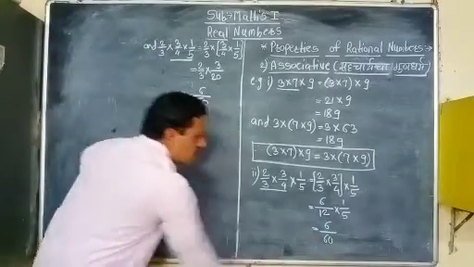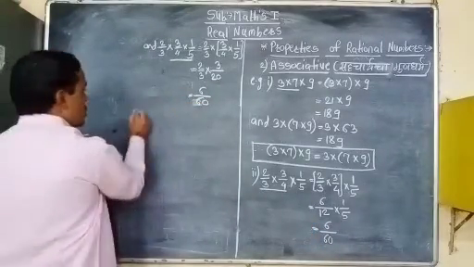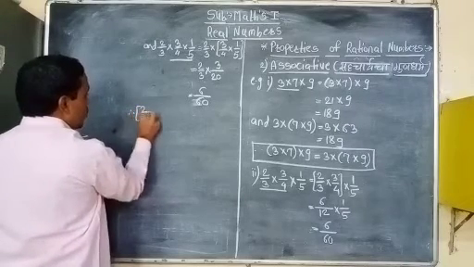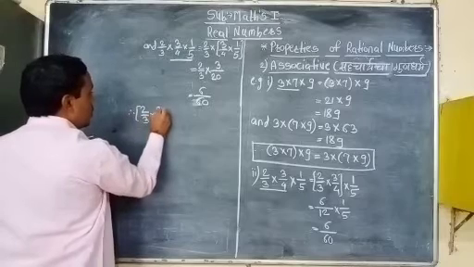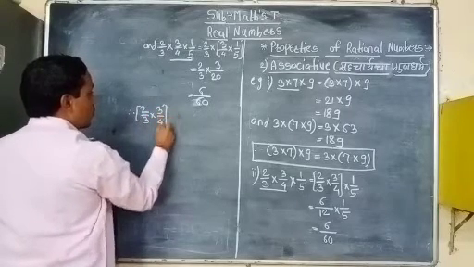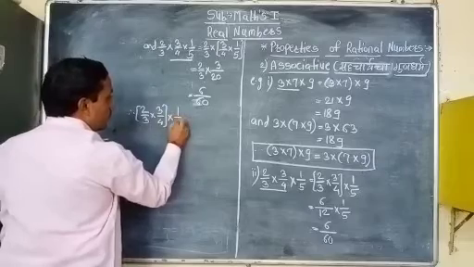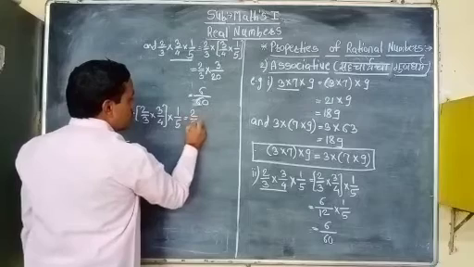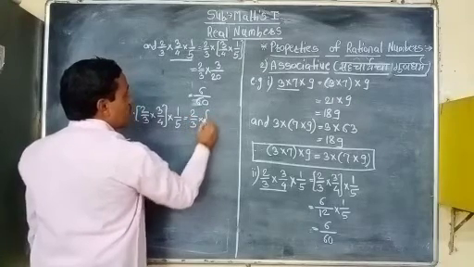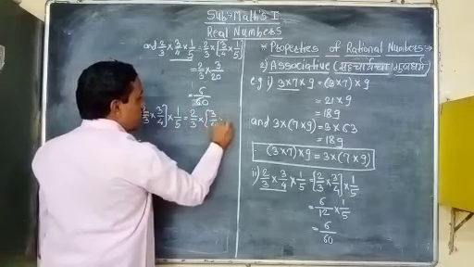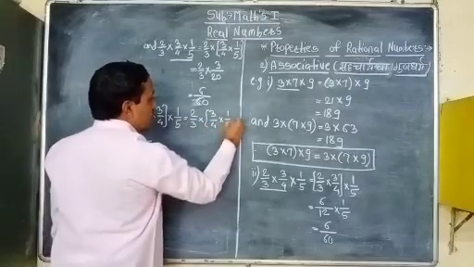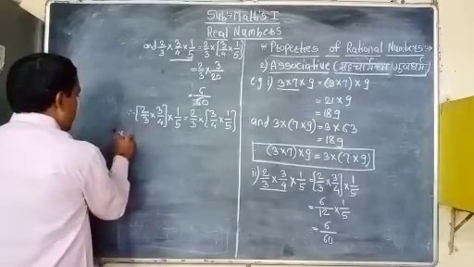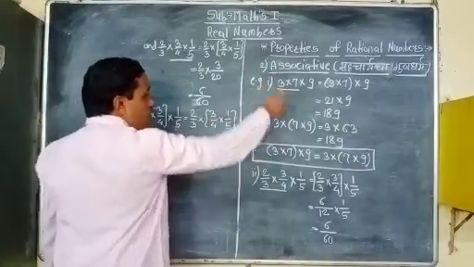The answer is again 6 by 60. Therefore, the product of 2 by 3 into 3 by 4, multiplied by 1 by 5, is equal to 2 by 3 multiplied by the product of 3 by 4 into 1 by 5. That means we get the associative property for multiplication.